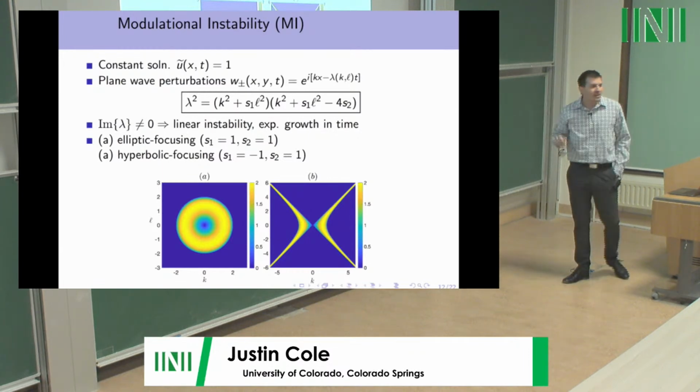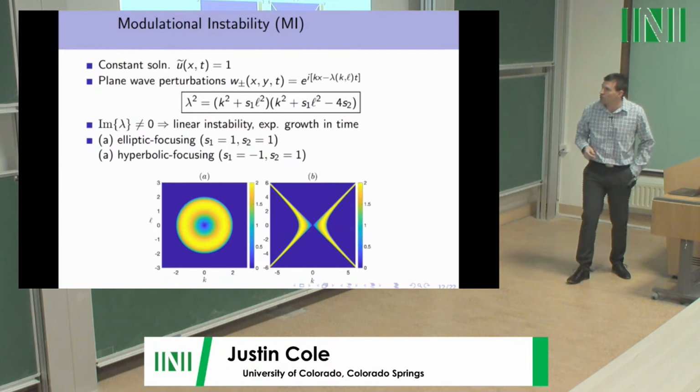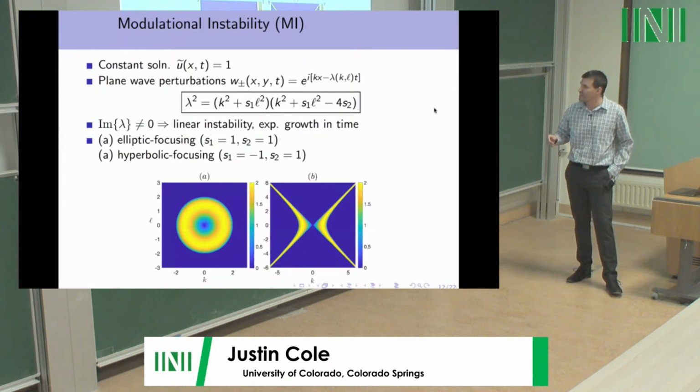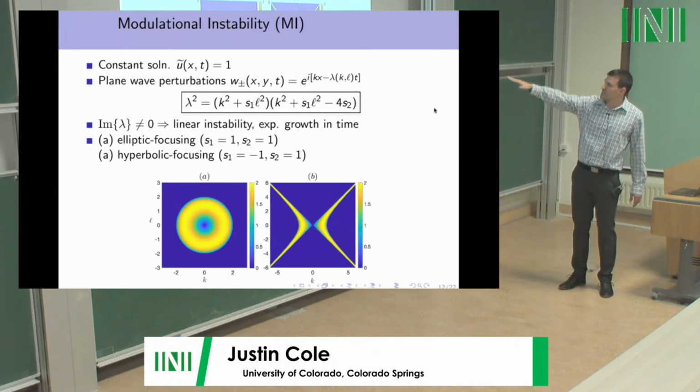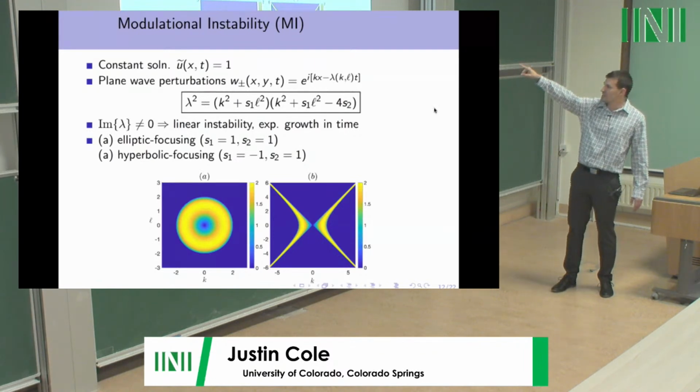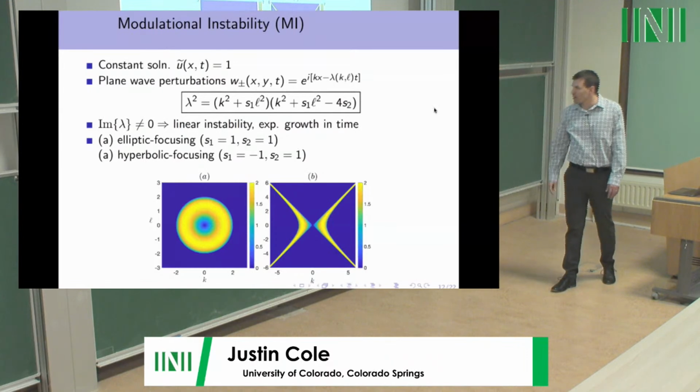On the right is the stability region for the hyperbolic focusing case. This is the deep water small surface tension case. Again, what you see is bright regions, the brightest region being a growth rate of 2, which is a hyperbola right in the middle of that bright region.